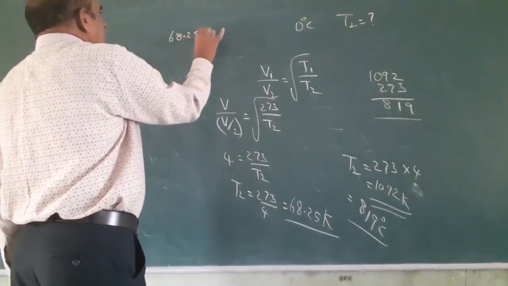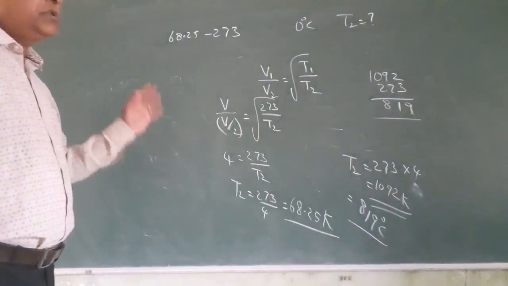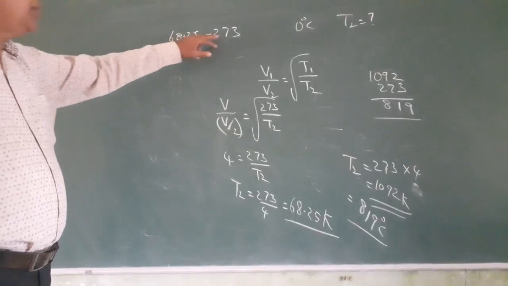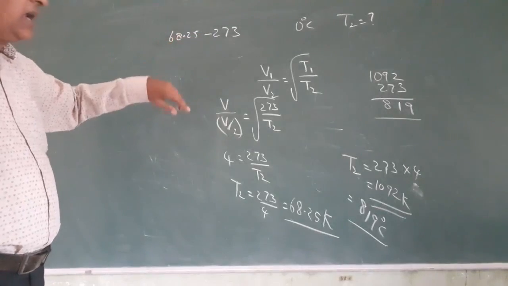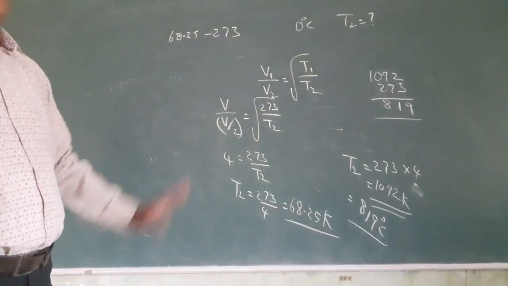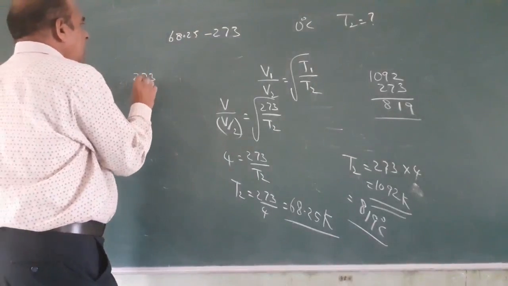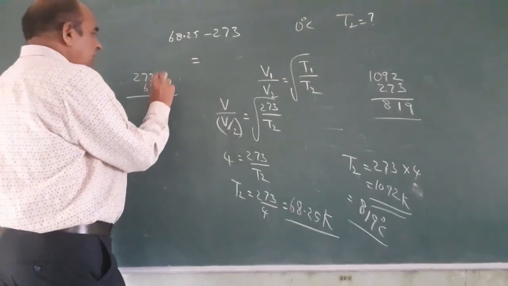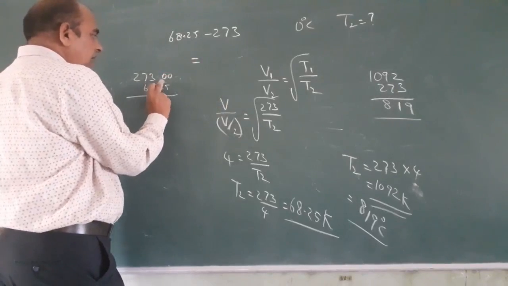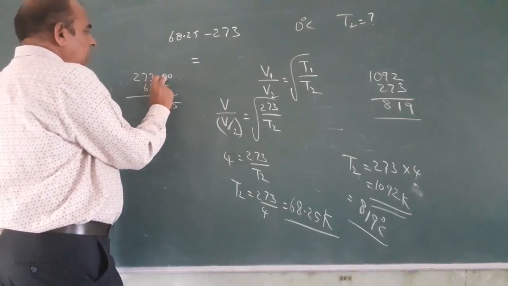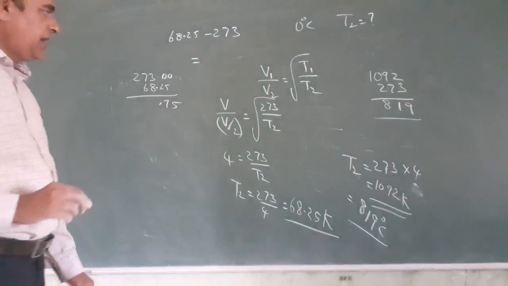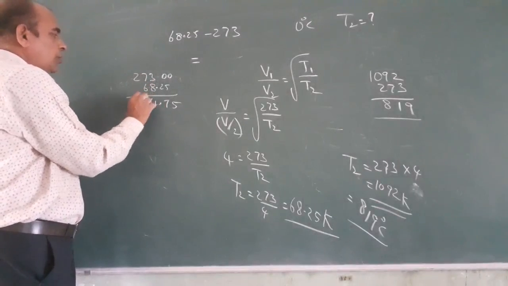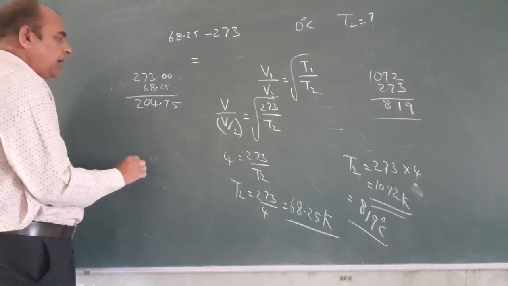68.25 minus 273. How to subtract? If you are subtracting a big value from a small value, subtract the small value from the big value, then put a minus sign. So 273 minus 68.25, subtract, and after that you can put a negative sign. 10 minus 5 is 5, 9 minus 2 is 7, 12 minus 8 is 4, so 204.75.